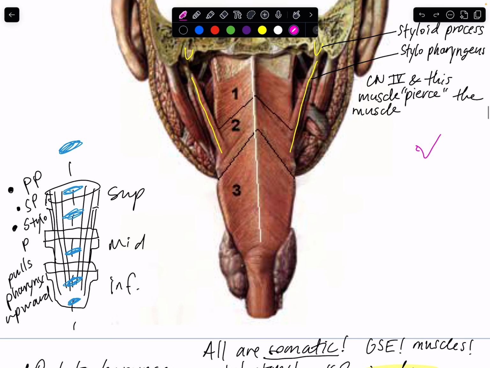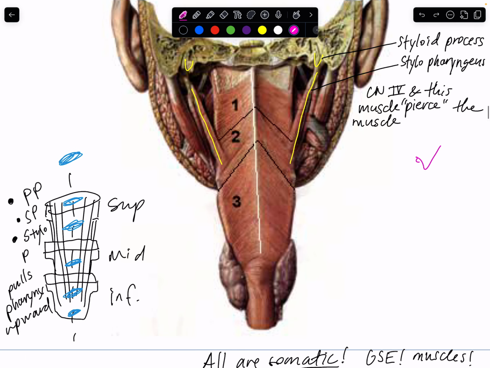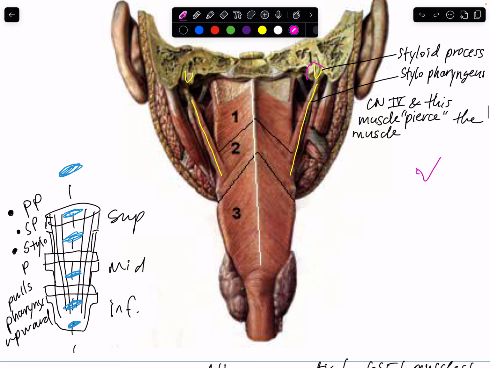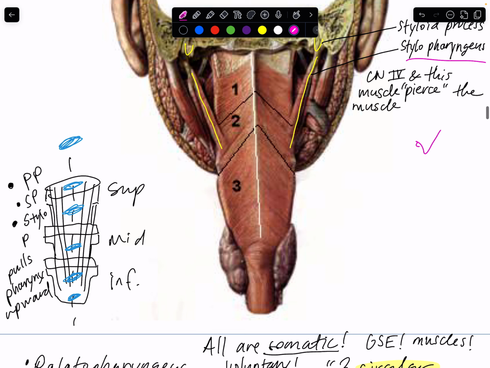They do all have little offshoots of muscles. So right here we have our styloid process. And that is where stylopharyngeus goes. And remember, it comes in right here at that station. Or I'm sorry, not the station. That is salpingopharyngeus. This is still stylopharyngeus.